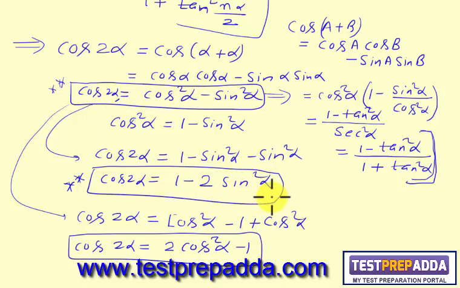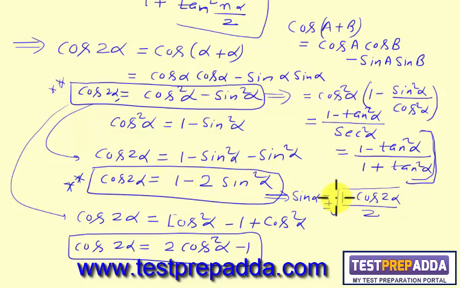Now if you try to find sin alpha from here, sin square alpha will be 1 minus cos 2 alpha upon 2, and you have to take the square root of this, and it should be plus minus, because sin square alpha is 1 minus cos 2 alpha by 2.